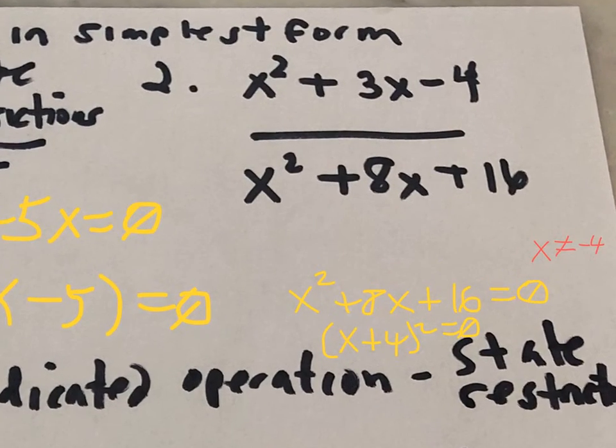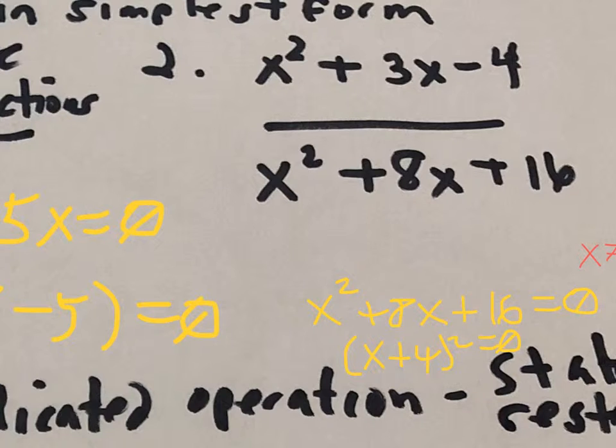And as far as the problem itself, we are looking at the numerator right here, which would totally factor into the following. And then down below we have x plus 4 squared, which is really just x plus 4 times x plus 4.